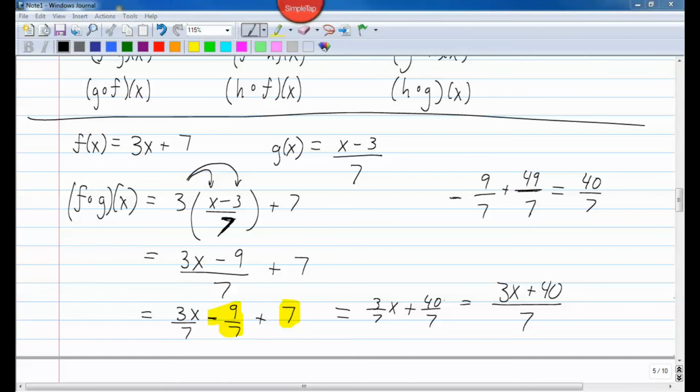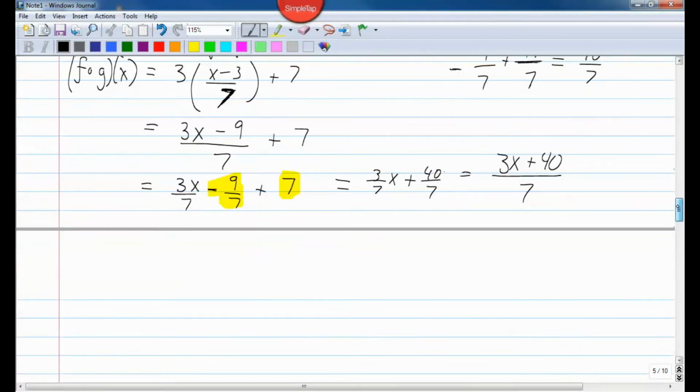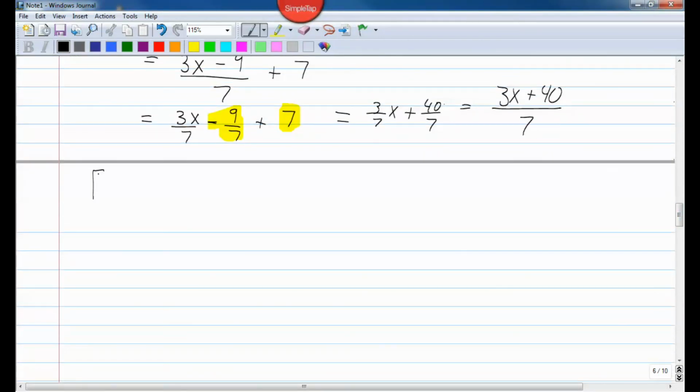That, if you have the functions, is the surefire way to tell you, are the 2 functions inverses? Find f of g of x and g of f of x. Okay, if they are both just equal to x to the first power, they are inverses of each other. Now, what if we have a function and we want to find the inverse?